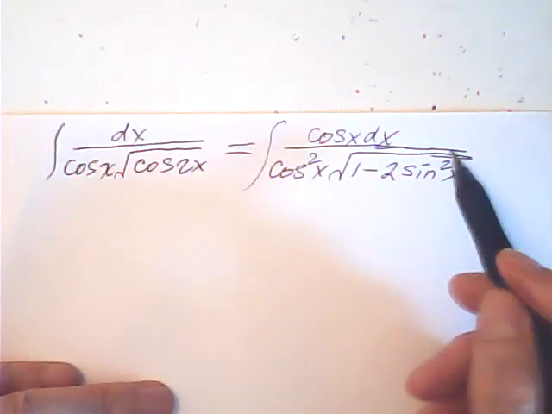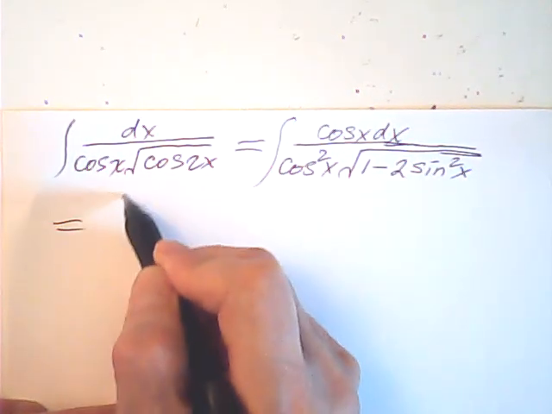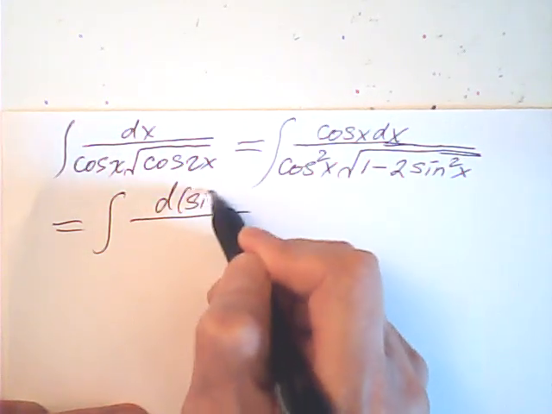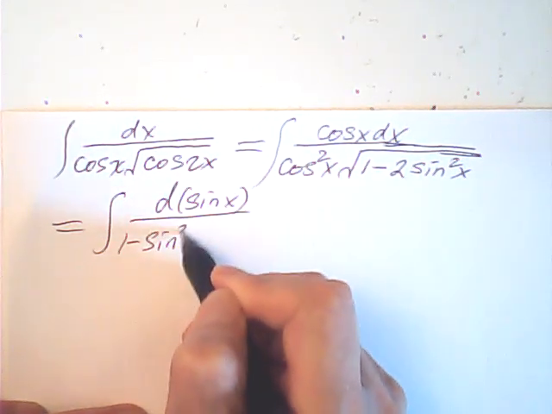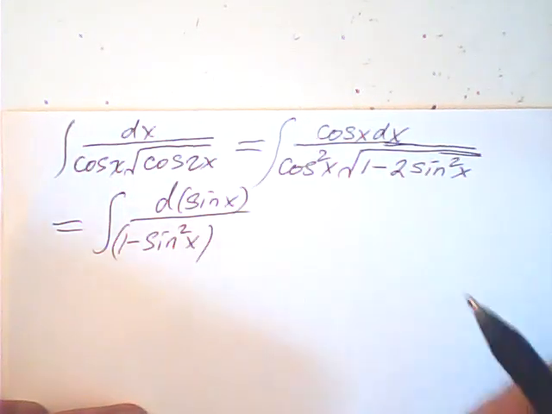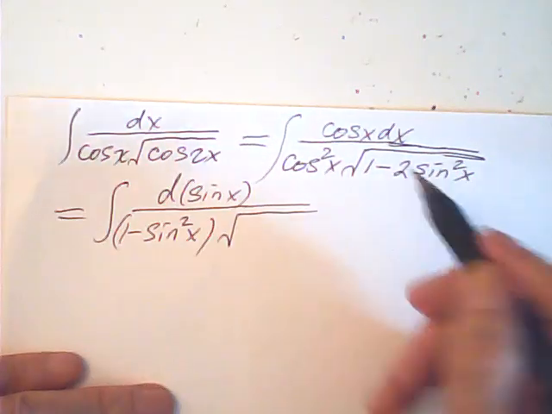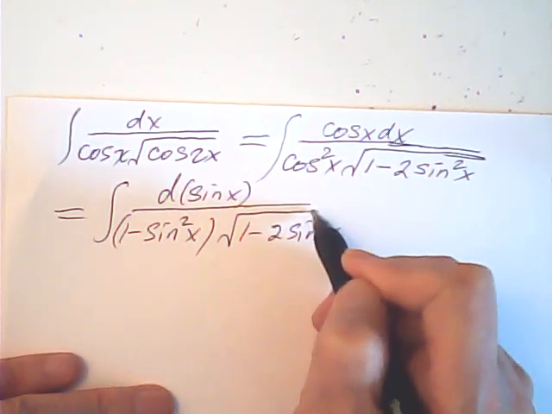And here the idea is that I want to change everything to sine. So change to sine, this is d sine x, right? This will be 1 minus sine square. This has been already in sine, 1 minus 2 sine square.